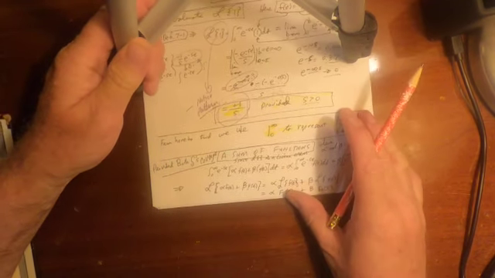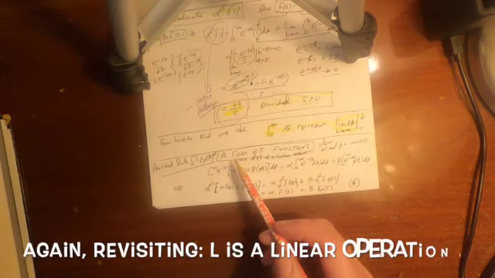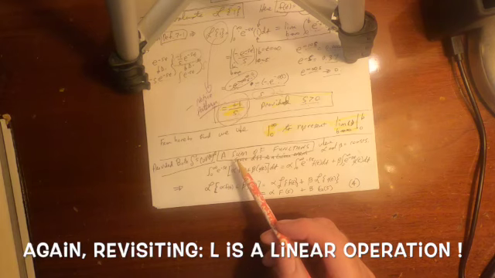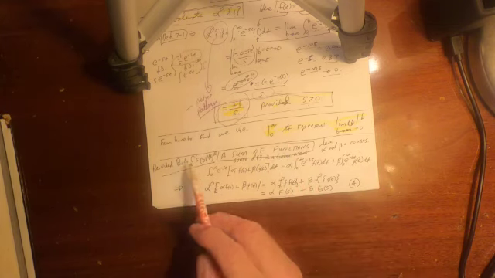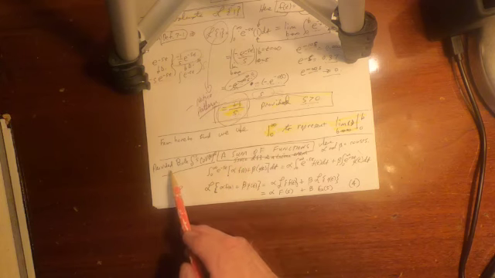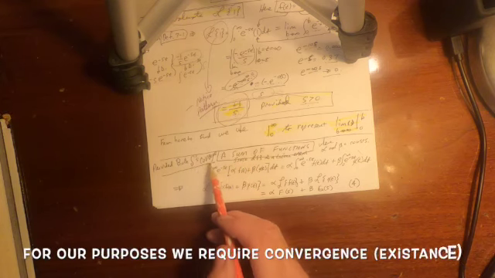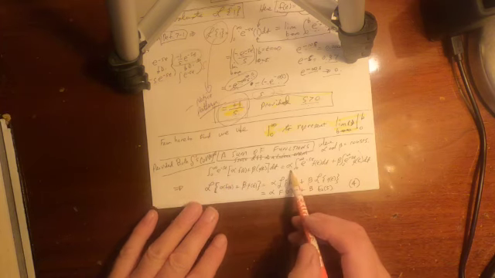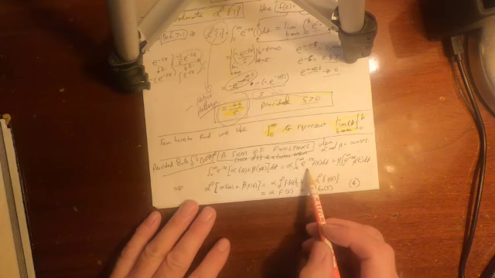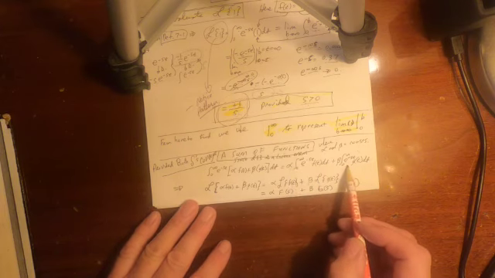And so here I'm going to pick up on that and explain how, if we have the sum of functions, we can do this. We could say, provided both integrals converge, we can take the Laplace of the sum of these two functions, and it would be the same as the Laplace of each individual function.